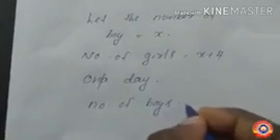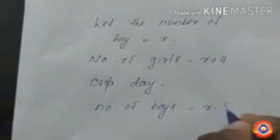Number of boys is equal to x minus 8. On the same day, the number of girls was twice that of the boys. So we can write number of girls is equal to 2 into (x minus 8).